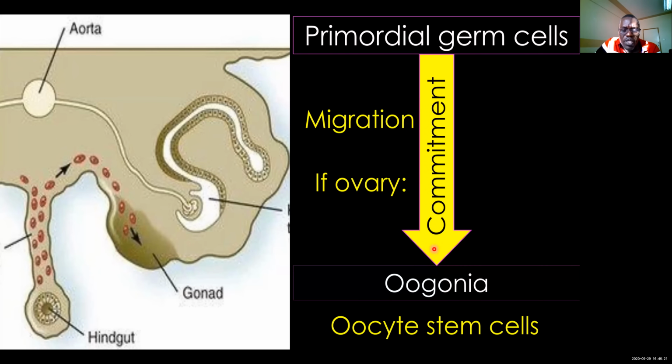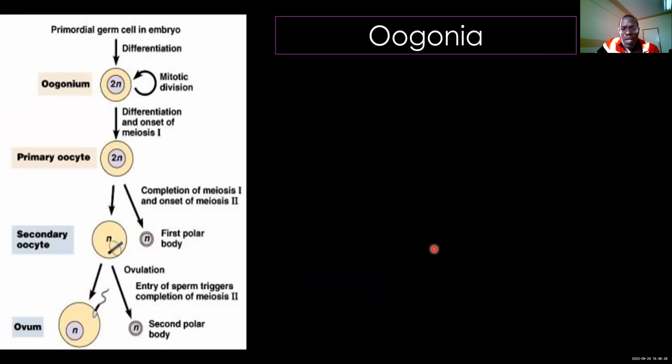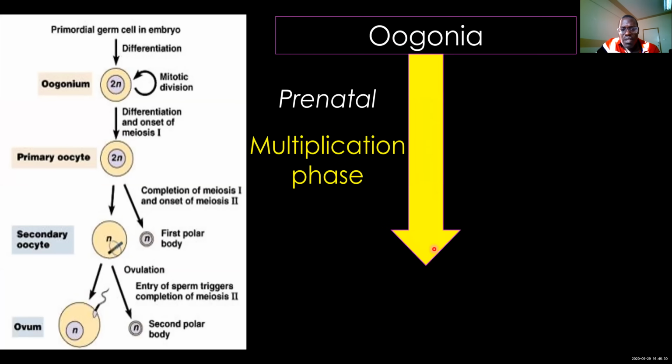Now, let's go to step two or phase two of gametogenesis. Remember, phase two of gametogenesis is a multiplication phase. Now, what is unique about oogenesis is that the multiplication phase occurs prenatally, unlike in spermatogenesis, where the multiplication phase occurs after puberty.